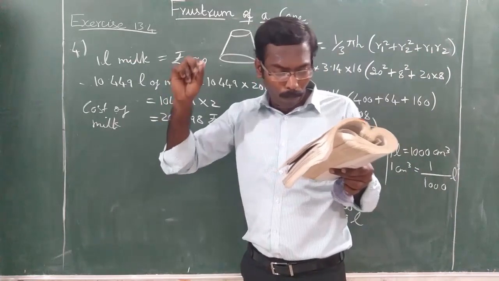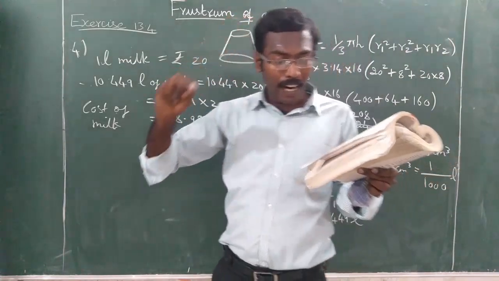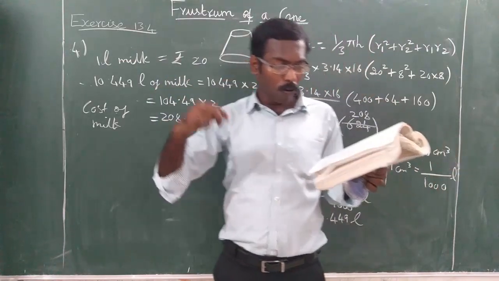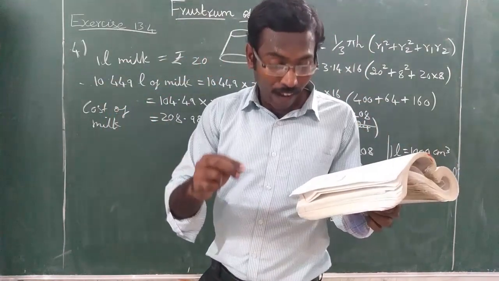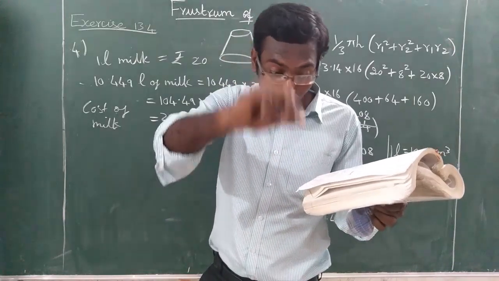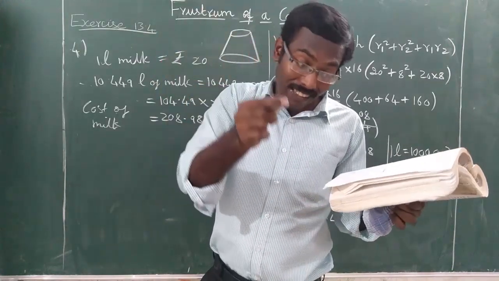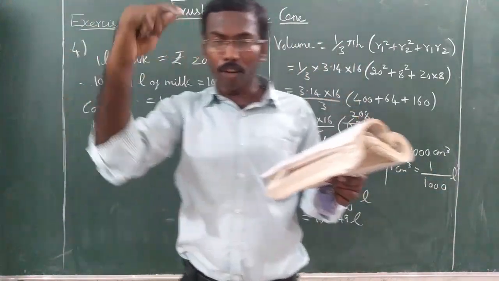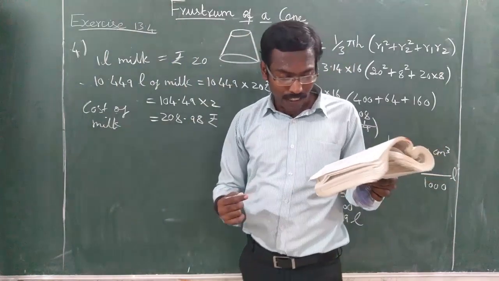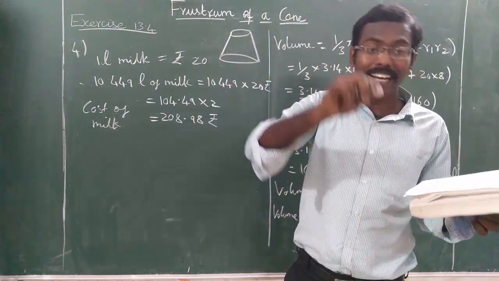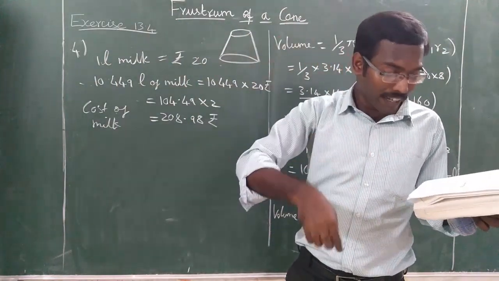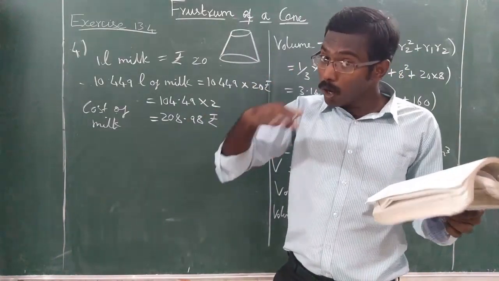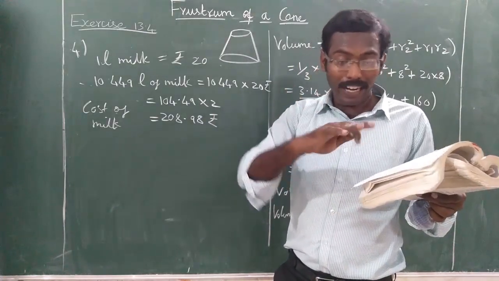The container opened from the top and made up of a metal sheet is in the form of a frustum of a cone of height 16 cm with radius of its lower and upper ends are 8 cm and 20 cm respectively, which means, respectively means lower end is 8 cm, upper end is 20 cm. That is, lower is 8, so lower end is smaller, upper end is bigger.